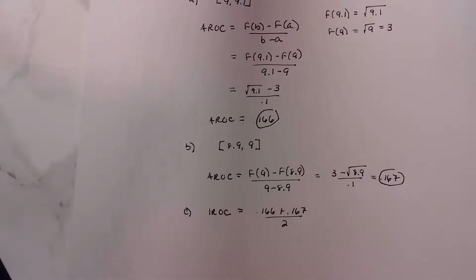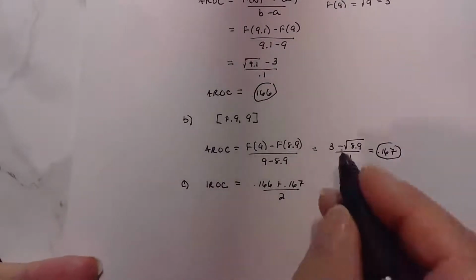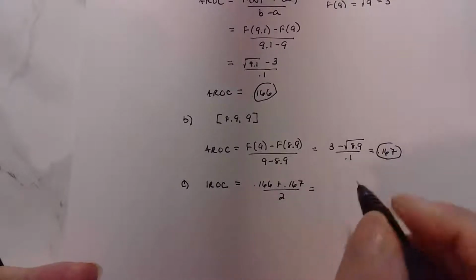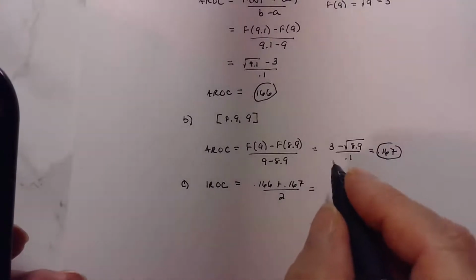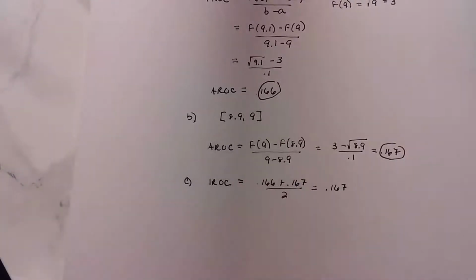Normally I wouldn't round until the very end. But when I enter those numbers exactly, I get 0.1665 or 0.167, which would be the best estimate of instantaneous rate of change that we could get at that point. It's not the best, but it's really good.